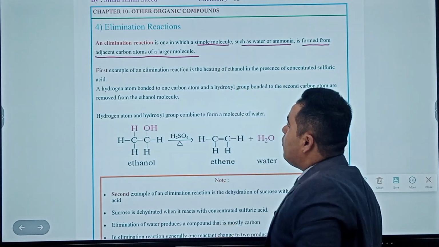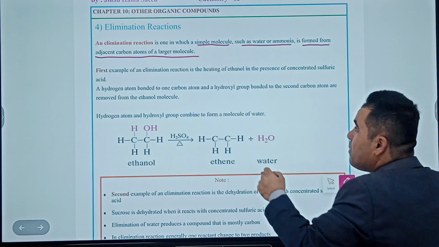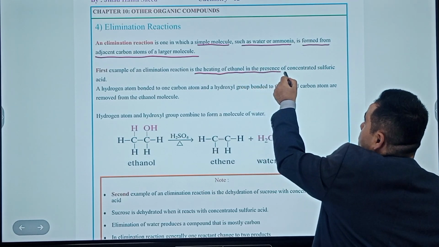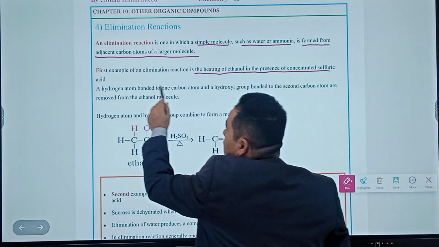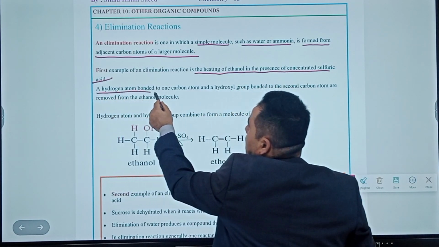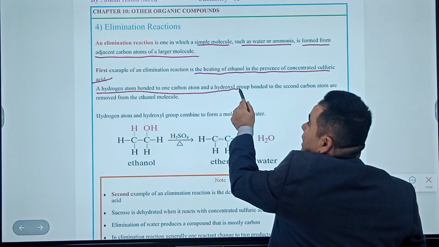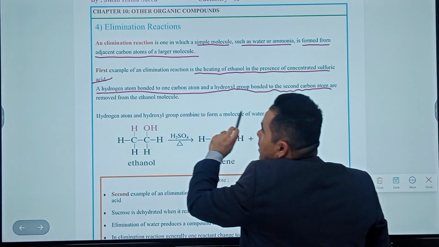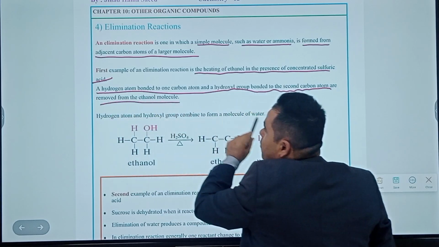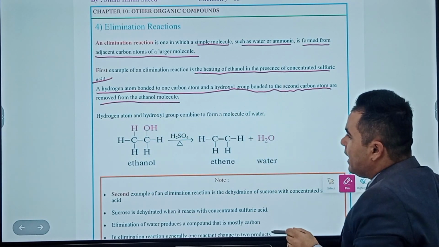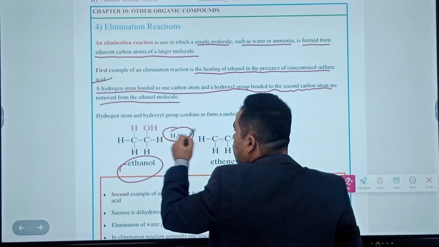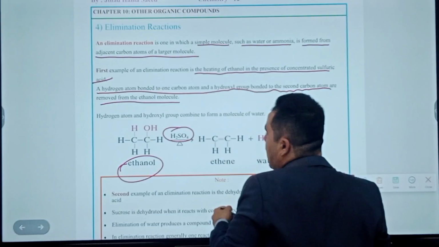First example of an elimination reaction is the heating of ethanol in the presence of concentrated sulfuric acid. A hydrogen atom bonded to one carbon atom and a hydroxyl group bonded to the second carbon atom are removed from the ethanol molecule. Here we have the ethanol in the presence of H2SO4.